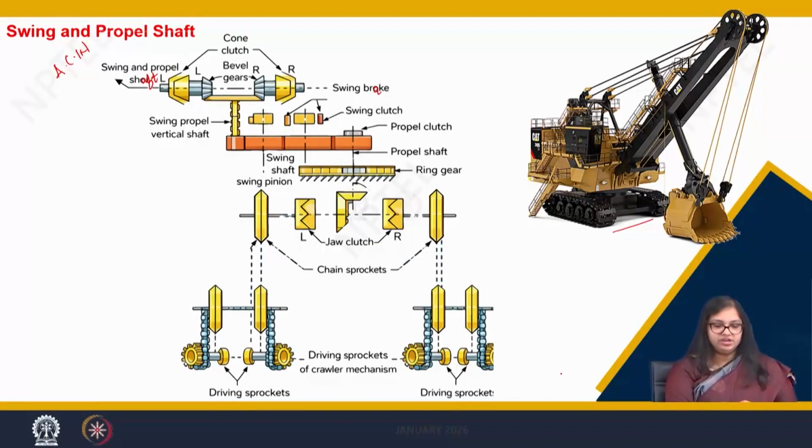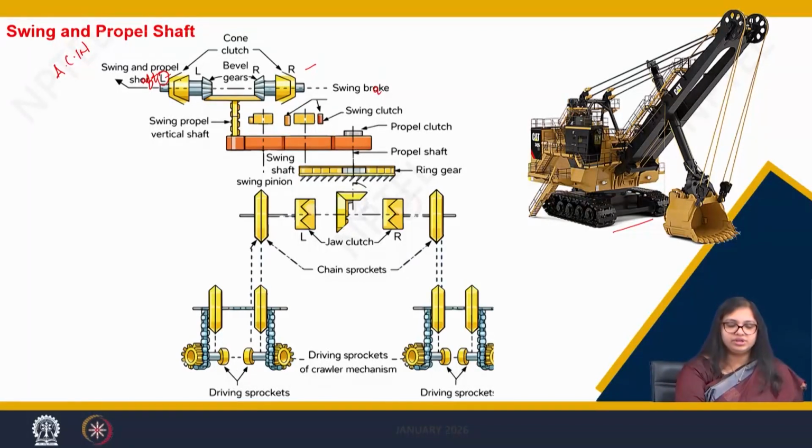Now, when we see this on the swing and propel shaft, the first components are two cone clutches. There is a left cone clutch and a right cone clutch, and then there is a left bevel gear and a right bevel gear, which these cone clutches get engaged to. Now, first let us say the cone clutch on the left side gets engaged to the bevel gear on the left side.